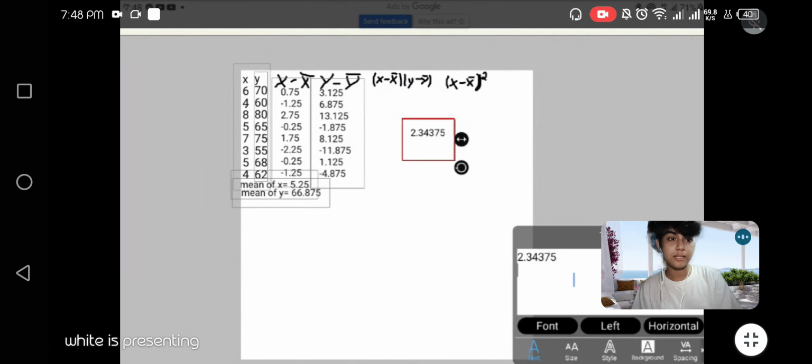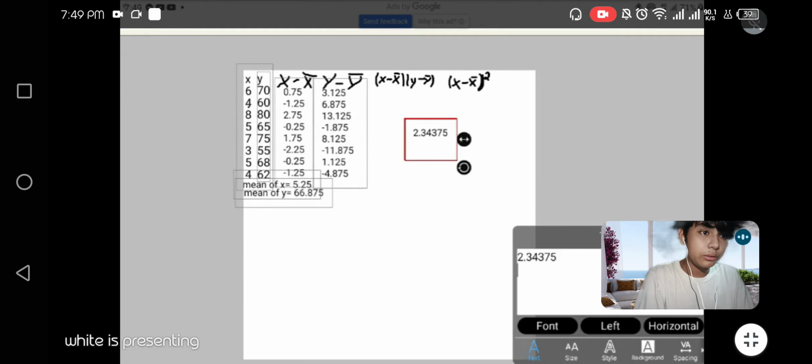Next is the negative 1 times 6.875. Negative 1.25. So, ayan. Parang may mali tayo. Yung 6.875 natin wala siyang negative.